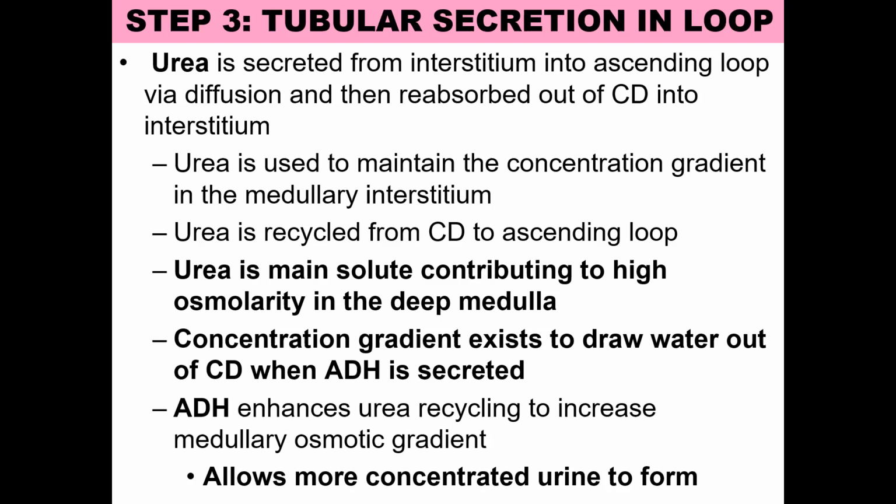Because it's a waste product of protein metabolism. But because it is so common, we have a lot of it, we use it to maintain a concentration gradient in the fluid in the medulla, so the surrounding of the nephron and loop. And we're going to recycle it from the collecting duct to the ascending loop.